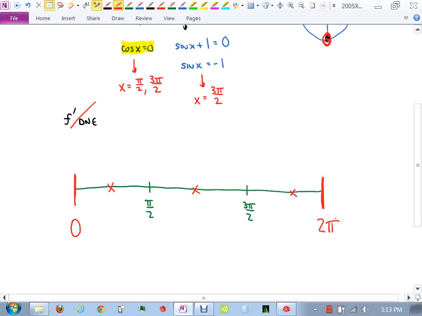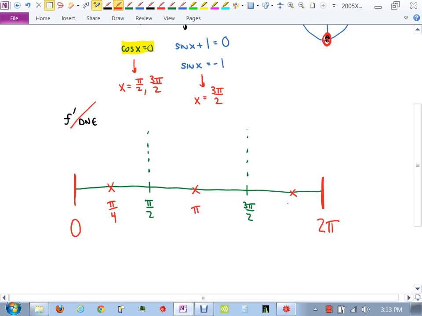So make sure that your test points don't go past those extremes. Someone give me a test point to the left of pi over 2. Pi over 4. Good. How about something between pi over 2 and 3 pi over 2? Pi. And then something bigger than 3 pi over 2?